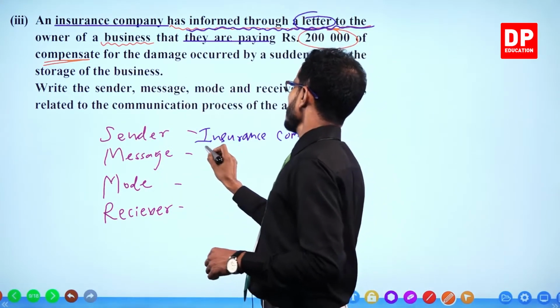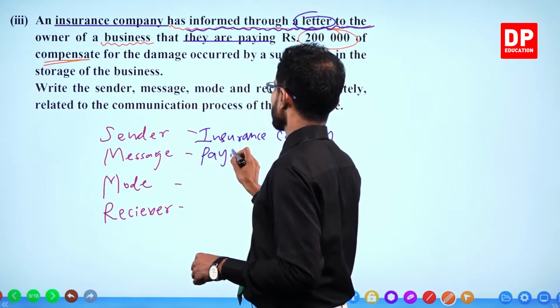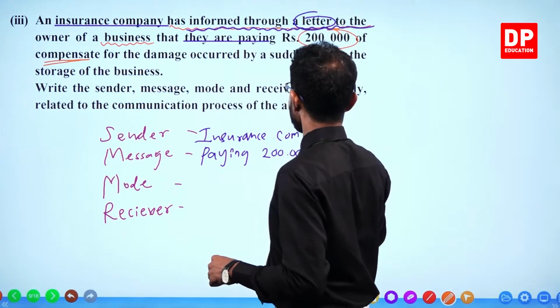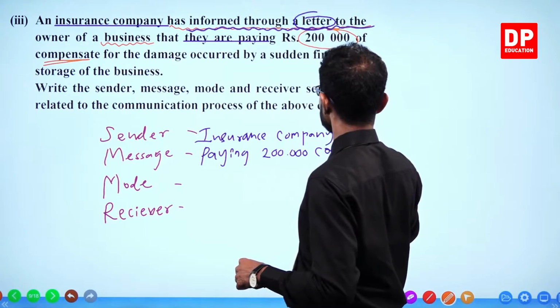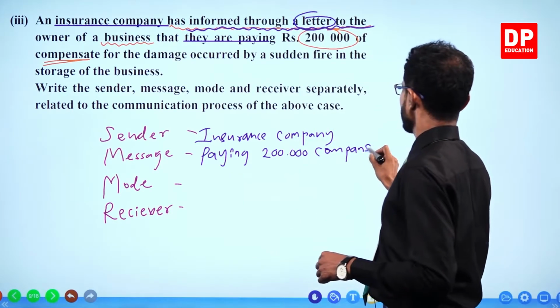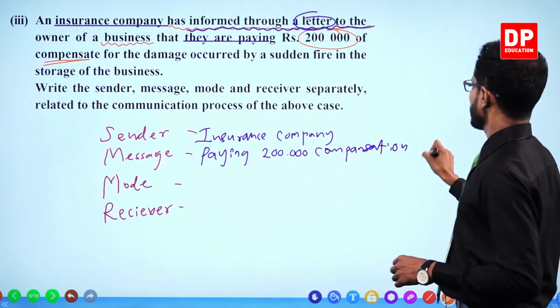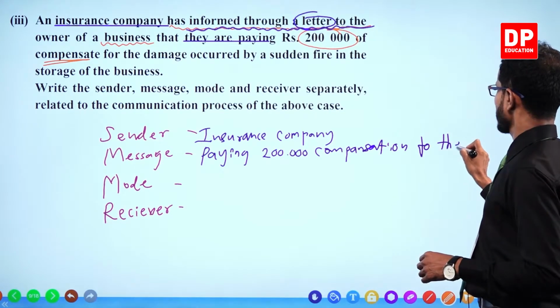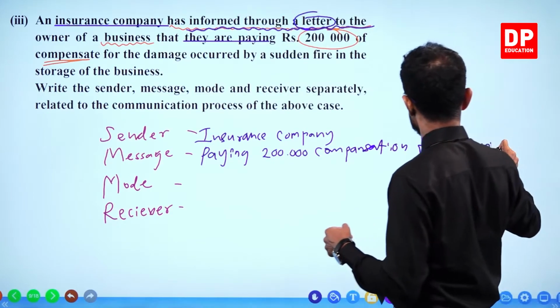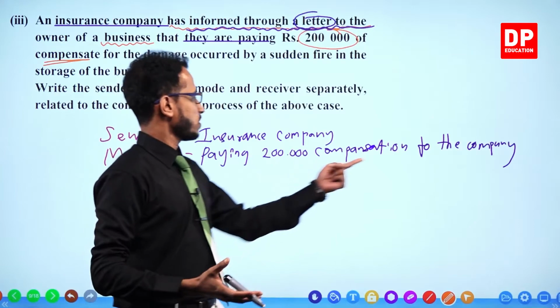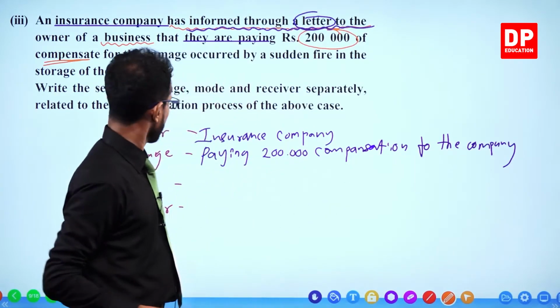So the message is paying 200,000 compensation to the company. That is the message. Paying 200,000 compensation to the company.